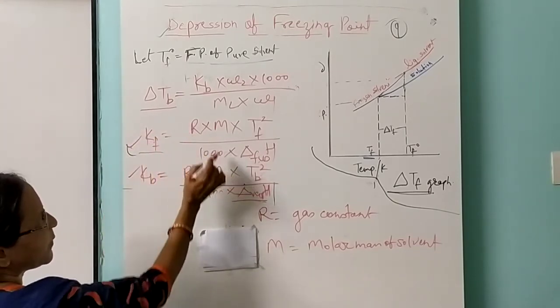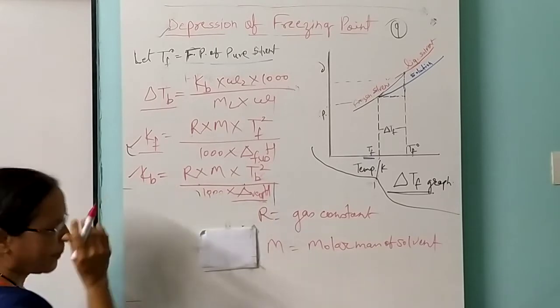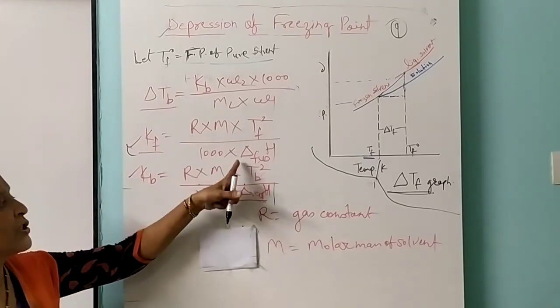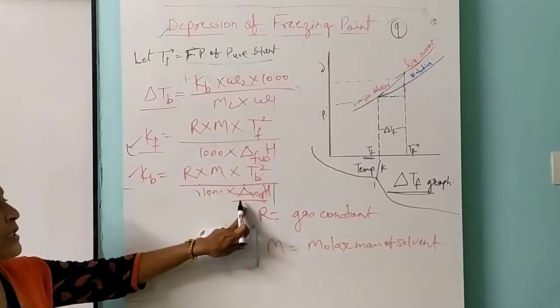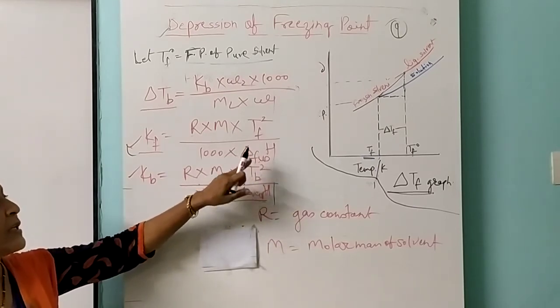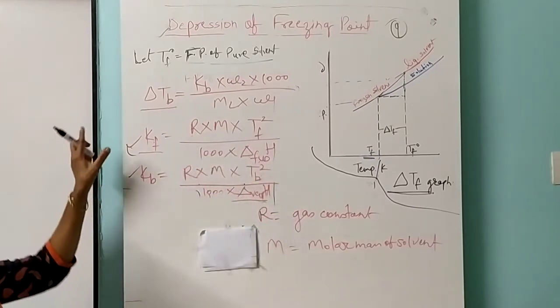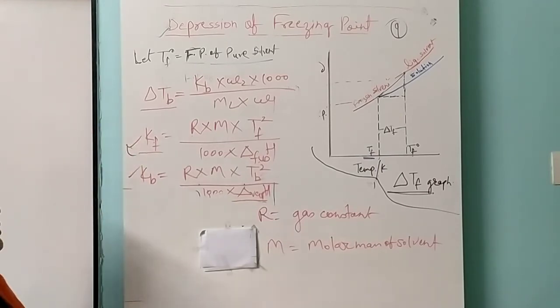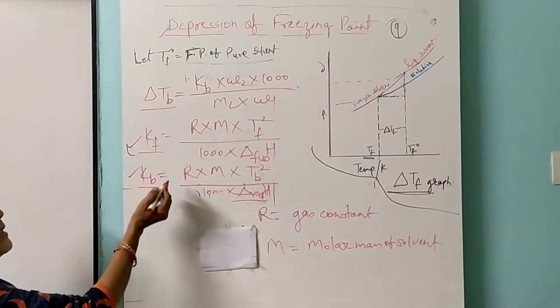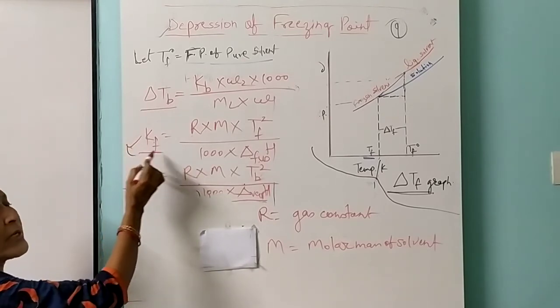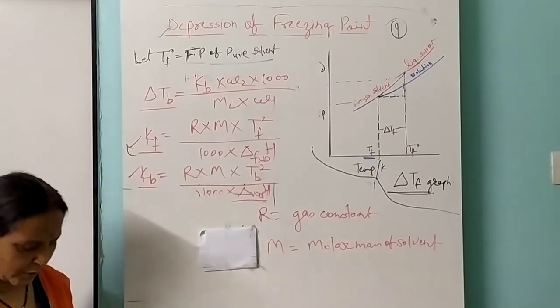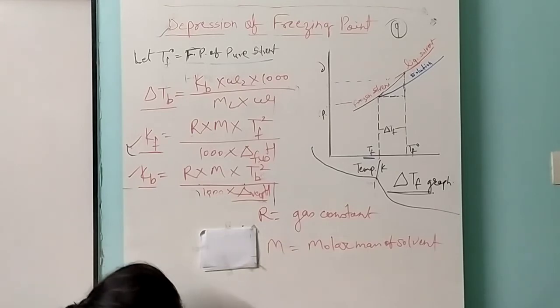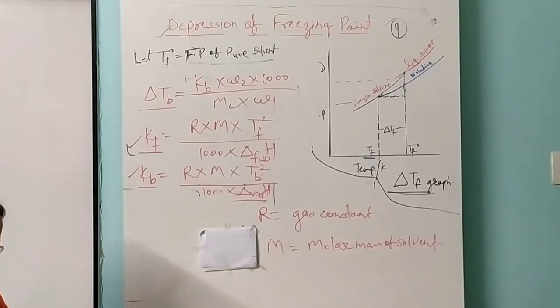So these two equations, when heat of vaporization is given as well as heat of fusion is given, at that time also, by using this formula, we can calculate molal elevation constant as well as molal depression constant. Okay, so here students, it is completed.